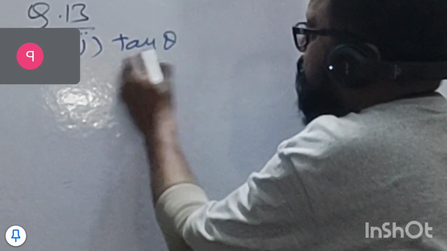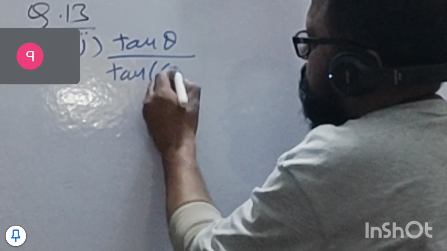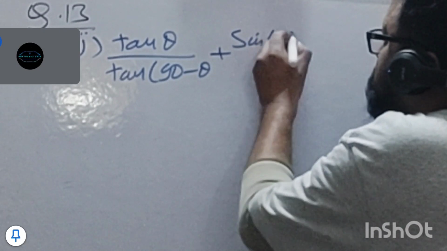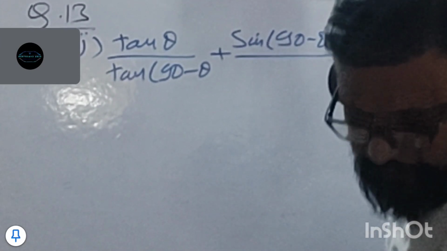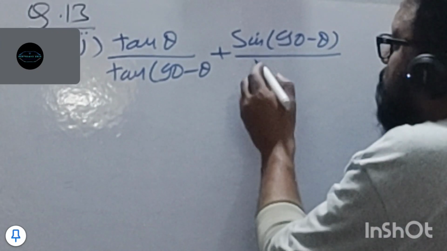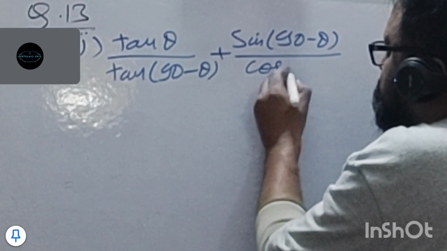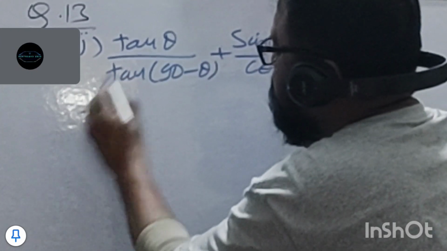tan theta upon tan 90 minus theta plus sine 90 minus theta upon cos theta.